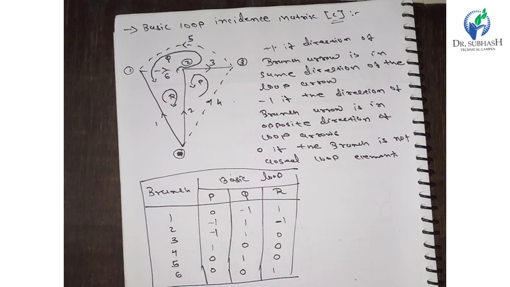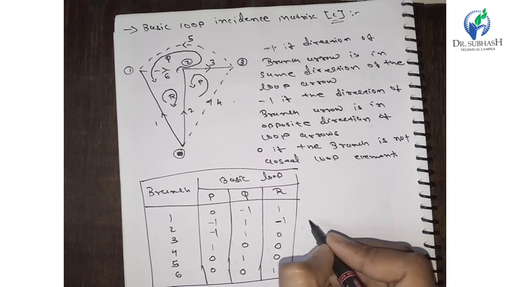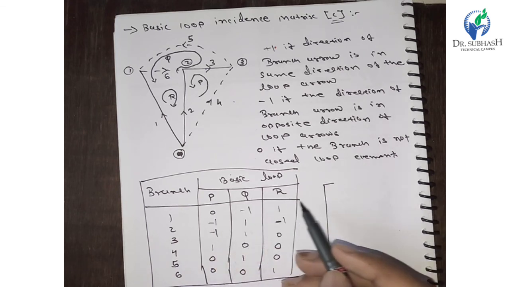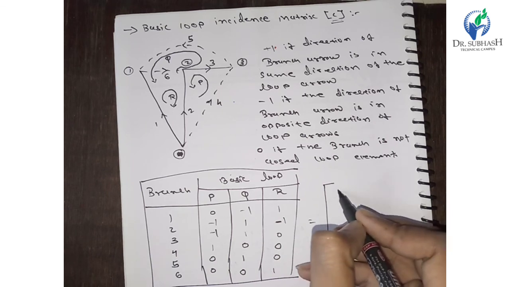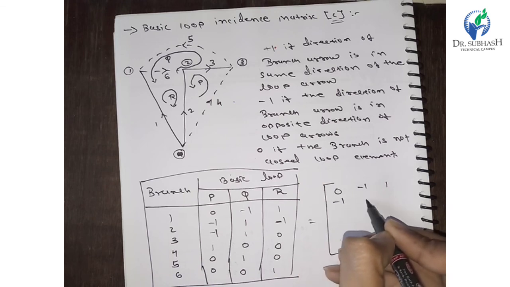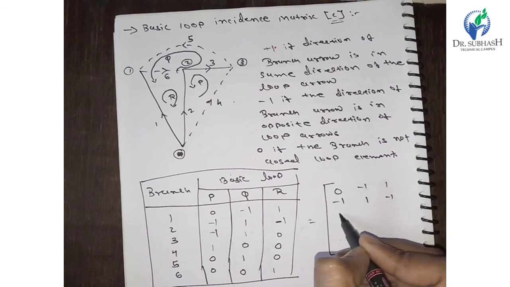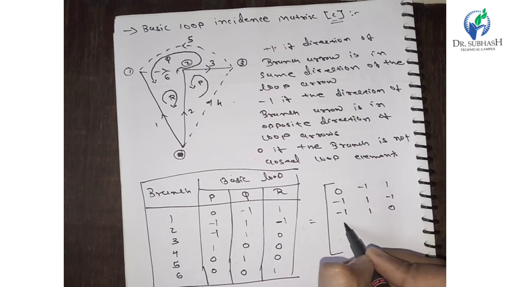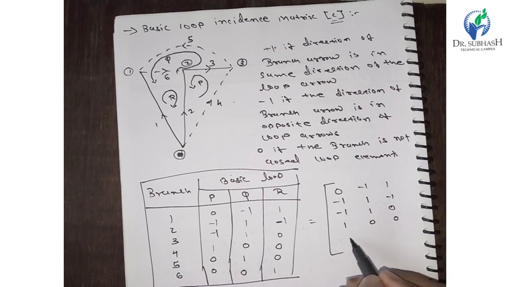When we take the matrix form of the basic loop incidence matrix, we take the P, Q and R loops in a matrix: 0, -1, 1, -1, 1, -1, then -1, 1, 0, 1, 0, 0, then 0, 1, 0, 0, 1, 0, 0, 0, 1, 0, 0 and 1.